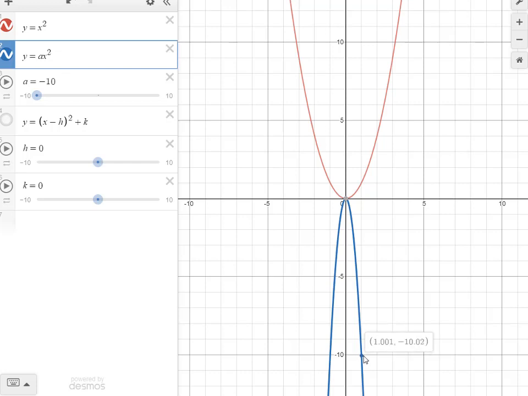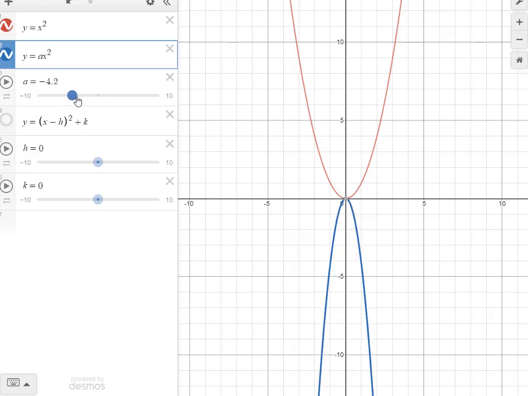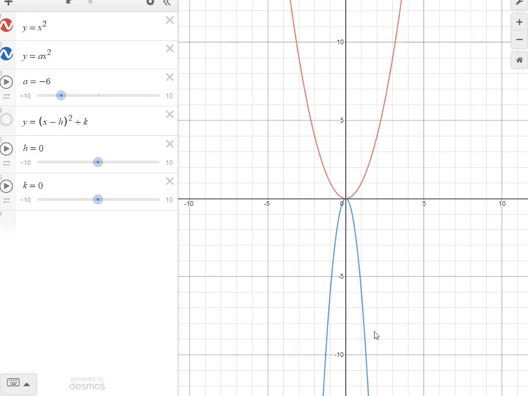So 1, -10. No matter what my a value is, that's what my first step will be. So if I had -6, the first step will be 1, -6, right there. So as we see, it's being stretched. It's like you're grabbing the top and grabbing the two sides and stretching it. And because it's negative, it's also reflected.